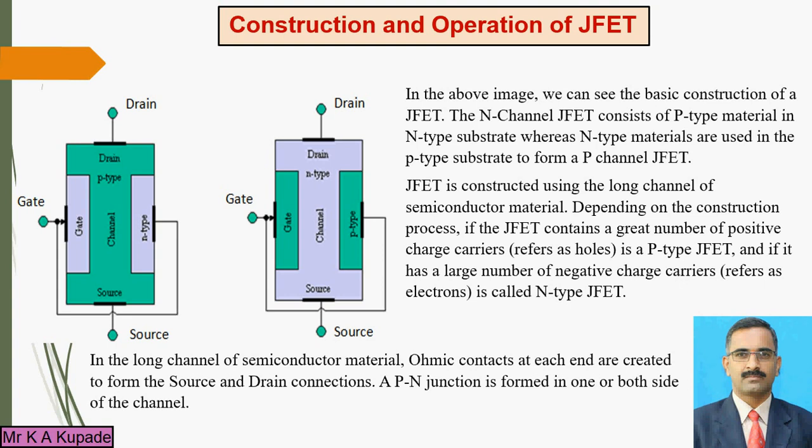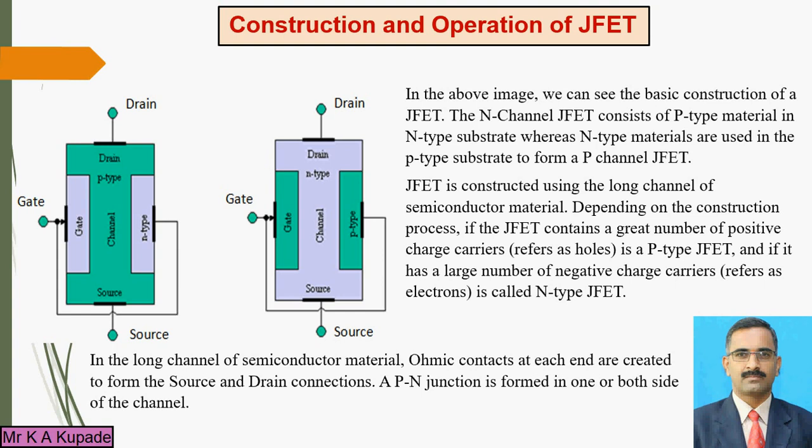Whenever you are considering the N-type device, then electrons, the majority carriers in the N-type channel, flow from the source to the drain. Similarly, in the P-type channel, the majority carriers, the holes, flow from the source to the drain.